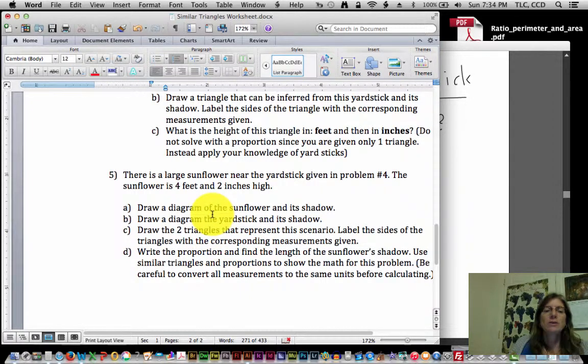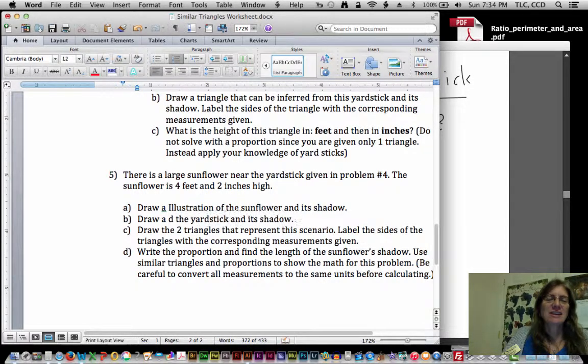You should be able to do this on your own. You will draw an illustration of the sunflower and its shadow, and an illustration of the yardstick and its shadow. Then you're going to draw two triangles that represent this scenario: a triangle that shows the illustration of the sunflower and the shadow, and a triangle that shows the illustration of the yardstick and its shadow.